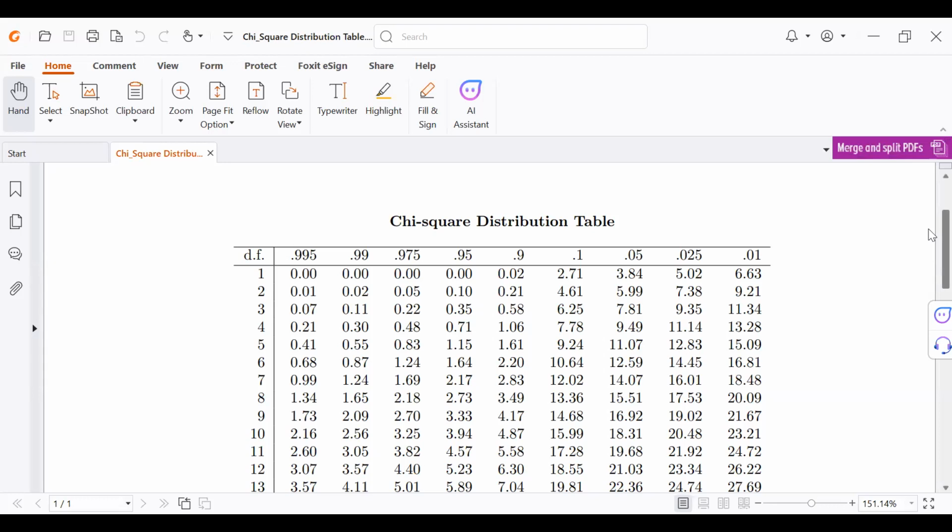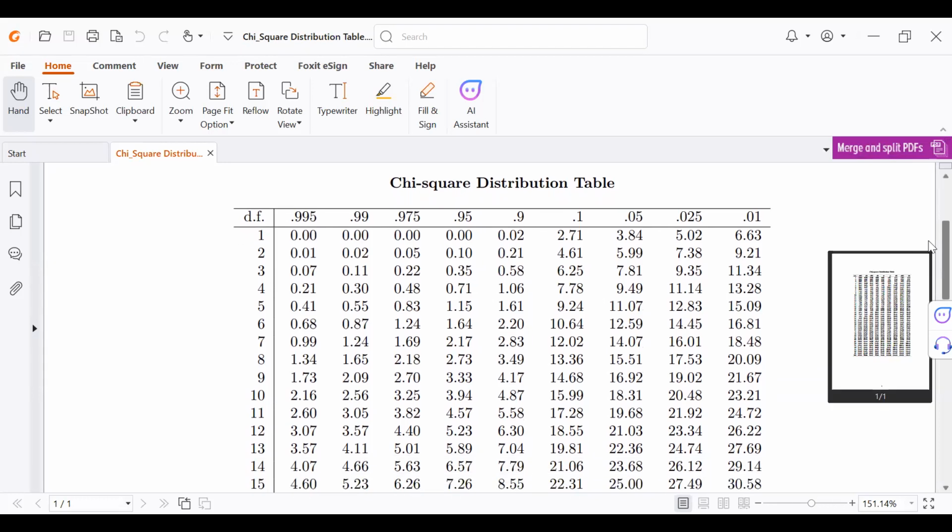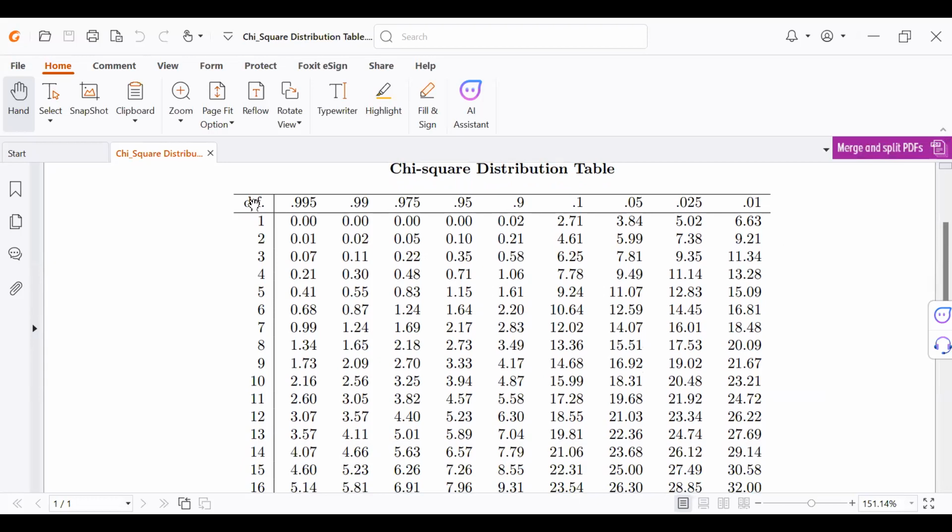Based upon what we've done already, you see on the left-hand side you have the degrees of freedom. In this case, our degree of freedom is 5, isn't it? So you come to the 5th degree of freedom, and we are using a probability error rate of 5%, so we have 0.05.